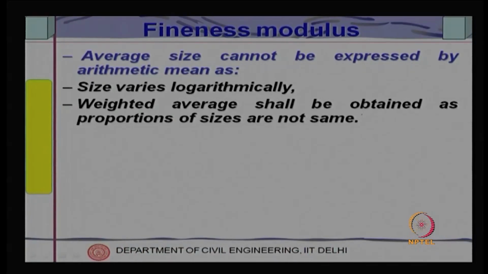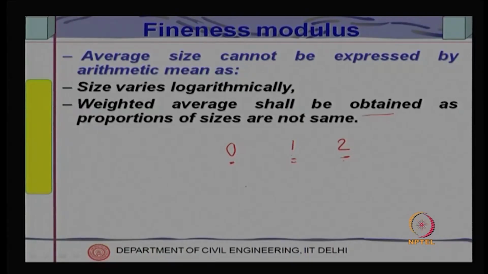So, we find the weighted average, as the proportions of particles in a given size are not the same. For example, the proportions in sieve number 0, sieve number 1, sieve number 2 will not be the same.